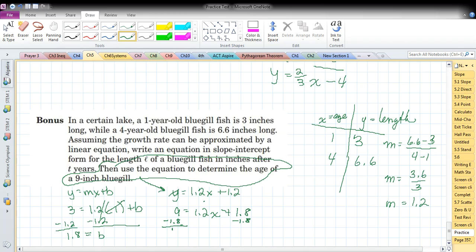And this becomes 7.2 is equal to 1.2x, because these will cancel. 7.2 is equal to 1.2x. Divide both sides by 1.2. And x is equal to 6. So we can say the bluegill, the fish, is 6 years old.